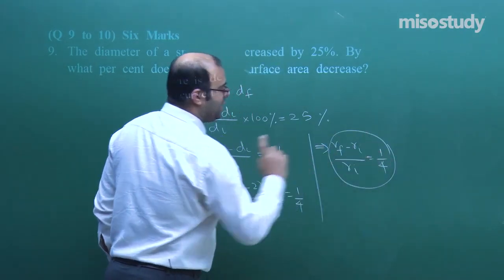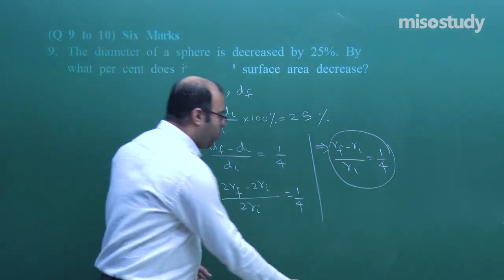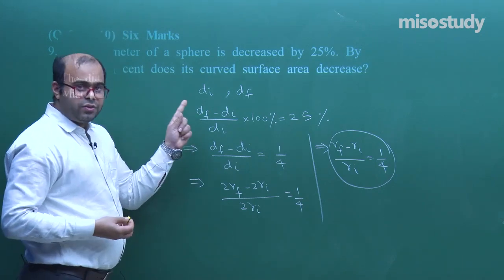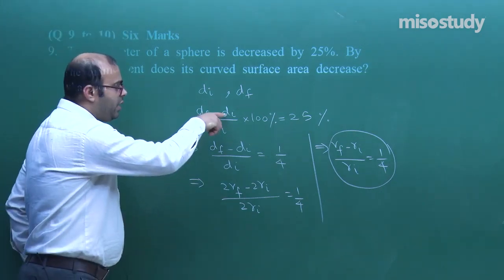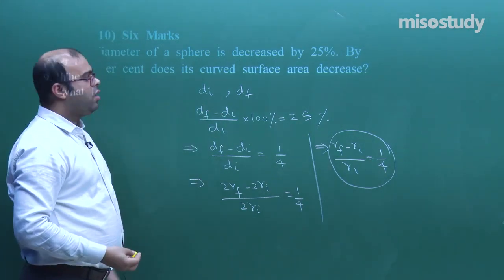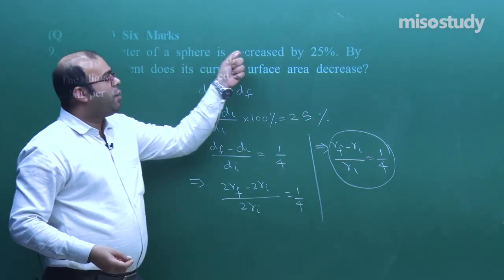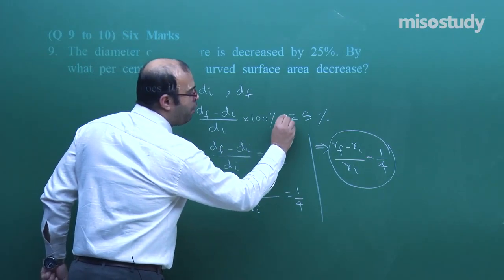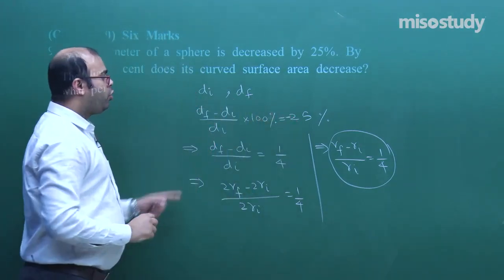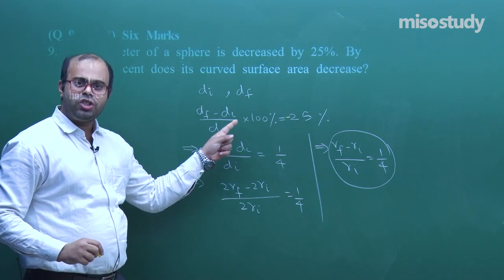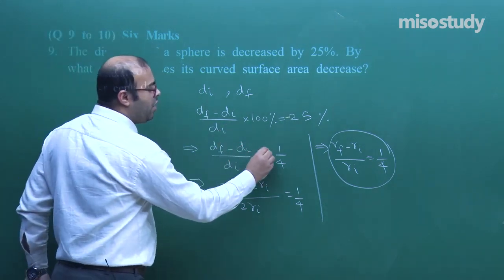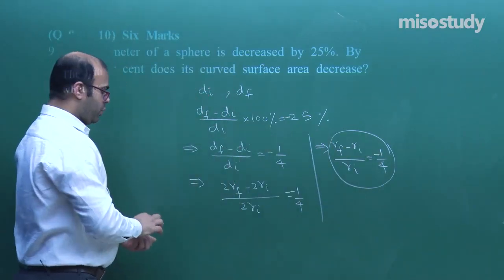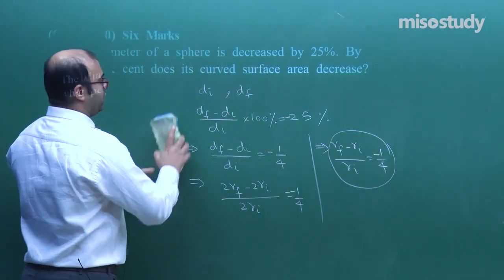Now let us keep it as it is right now, and keep in mind here one thing is very important. Here we are subtracting initial diameter from final diameter. The diameter has decreased. So if the diameter has decreased, we should put a minus sign here, because the final diameter is less than the initial diameter. So for decreasing, we always put a minus sign. So don't forget to do this. This minus means there is a decrease.